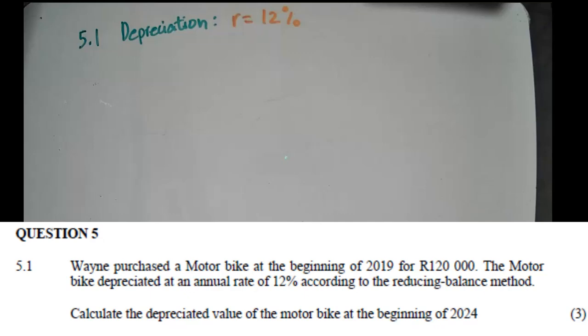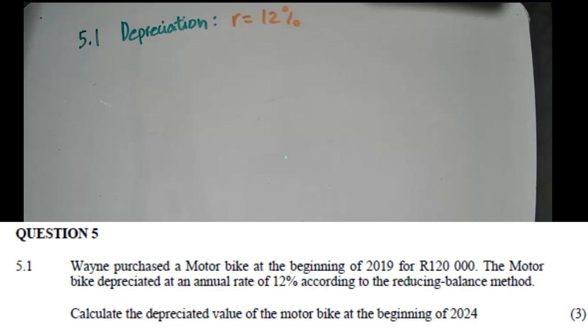The motorbike depreciated at an annual rate of 12% according to the reducing balance method. Calculate the depreciation value of the motorbike at the beginning of 2025. So notice that given the years here, 2019 and 2025, they haven't given you the value of n.